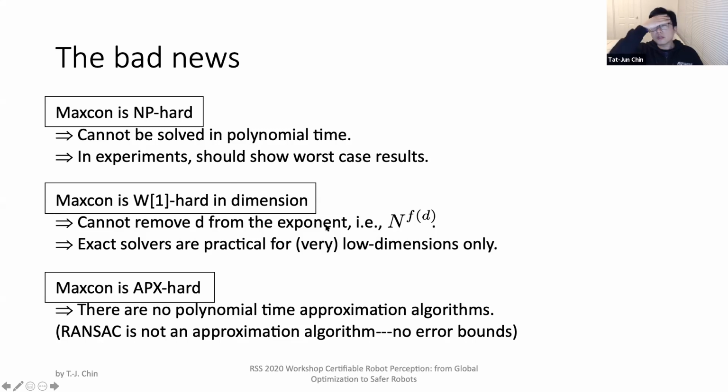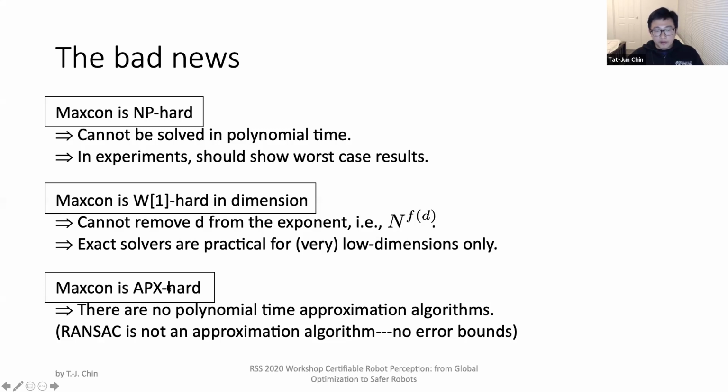We have more bad news. For this particular formulation of geometric understanding with outliers, consensus maximization, it's NP hard. It cannot be solved in polynomial time, and it's W1 hard in the dimension. Even if you're allowed to use knowledge of the dimension d, d has to be in the exponent of n.